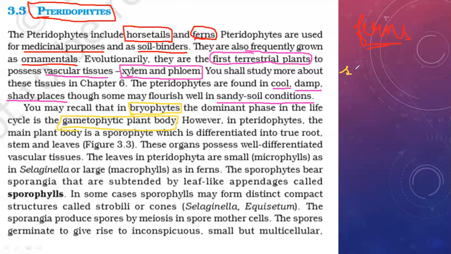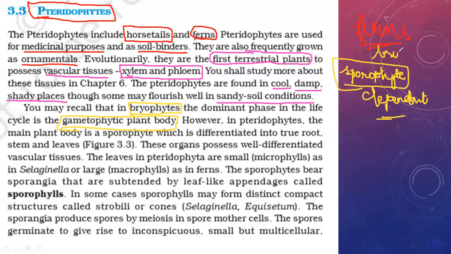And we saw that the sporophyte was a dependent phase. Sporophyte of the bryophytes was a dependent phase. Now, I have told you about bryophytes, not pteridophytes. Don't be confused.